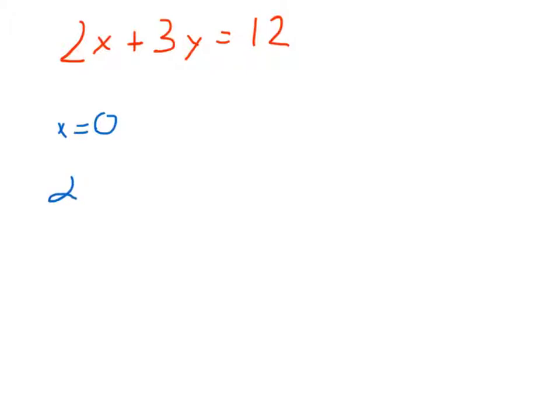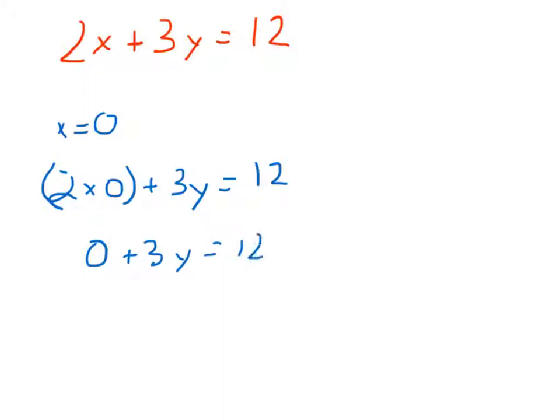It's because 2 times 0, I'll put that in parentheses, plus 3y equals 12. We know that this will be 0. So if I rewrite it, I'll have 0 plus 3y equals 12. So I know that to solve this, 3 times y is 12. So y must equal 4.